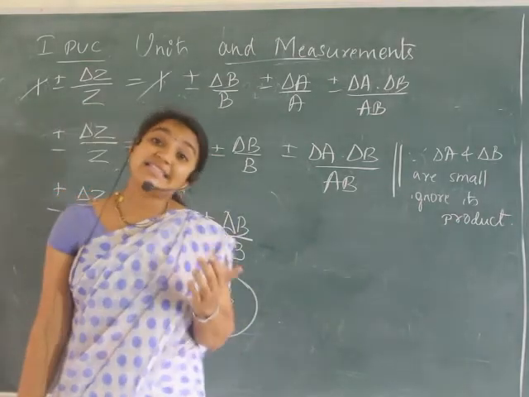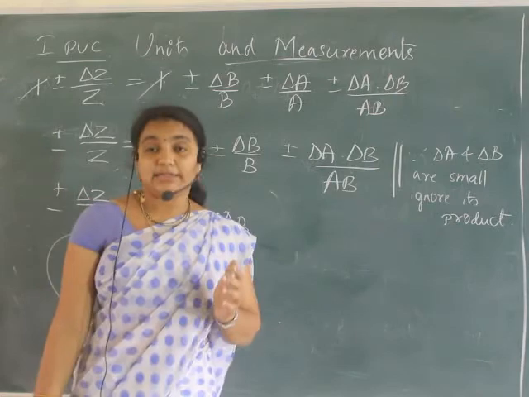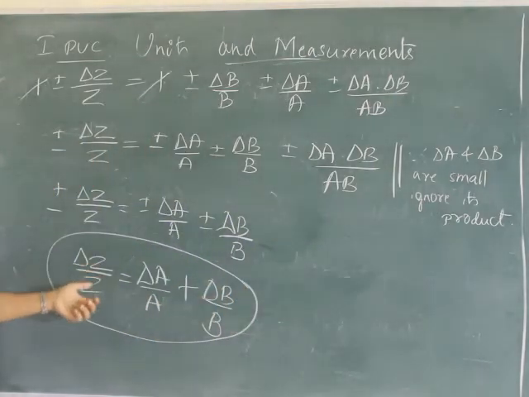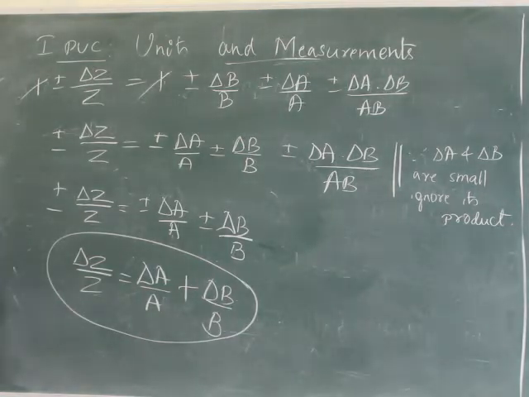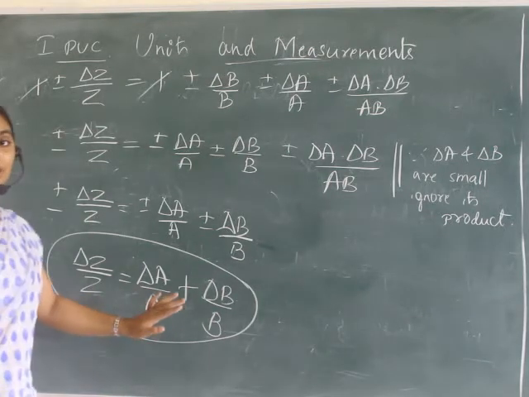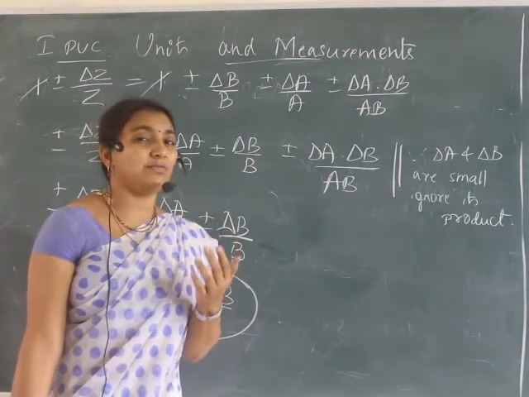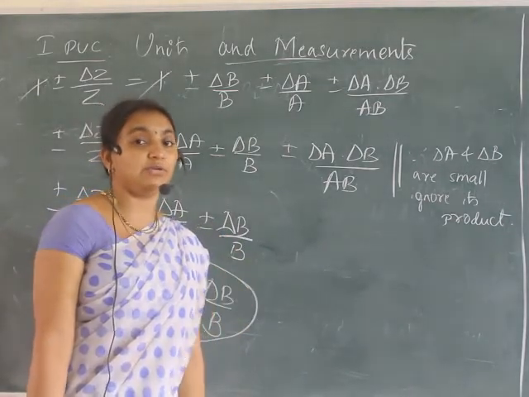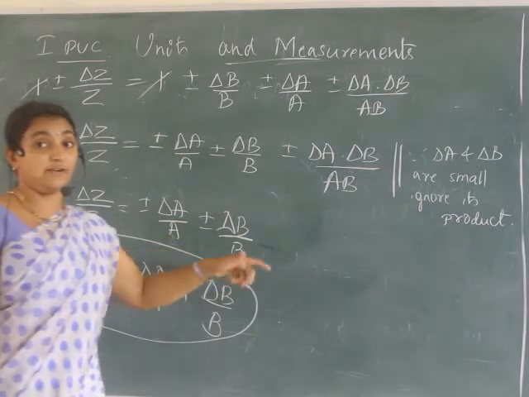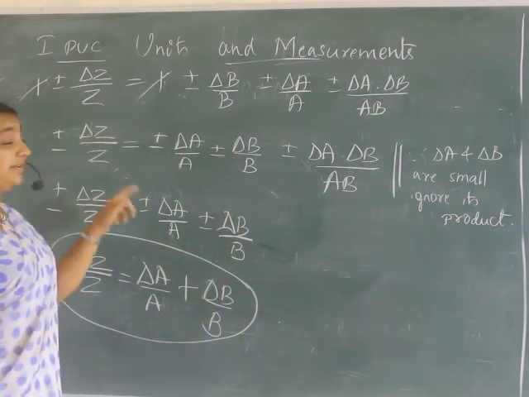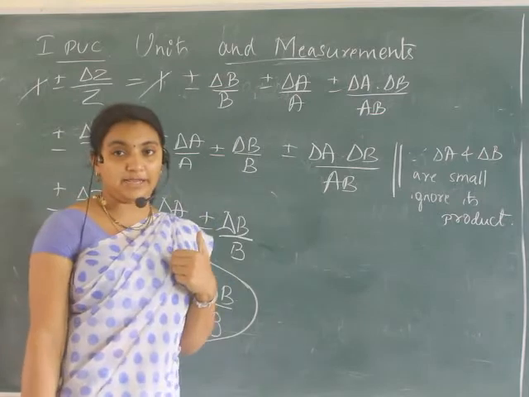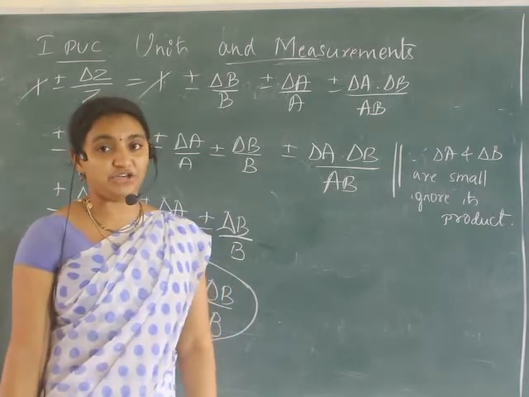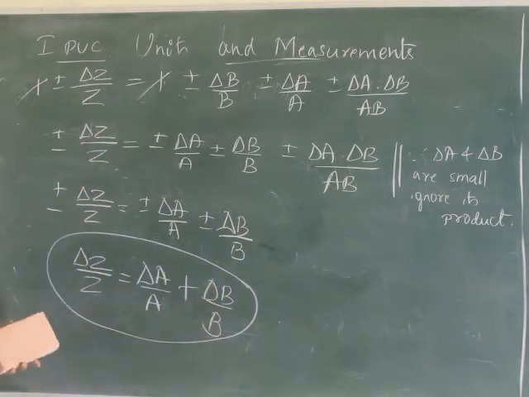Therefore, the maximum relative error that can occur is delta Z by Z equals delta A by A plus delta B by B. This is true for division also. So it's a small homework or assignment for you. Along with the notes, you have to find it for division. Now I have done it for multiplication. Try for division.